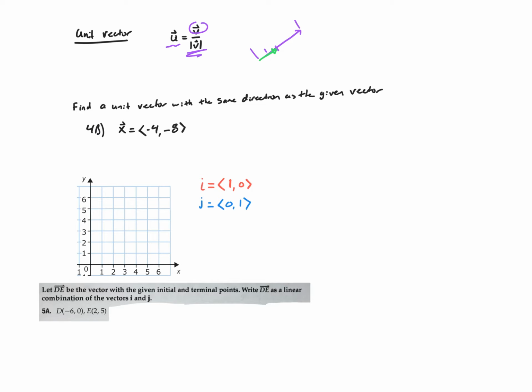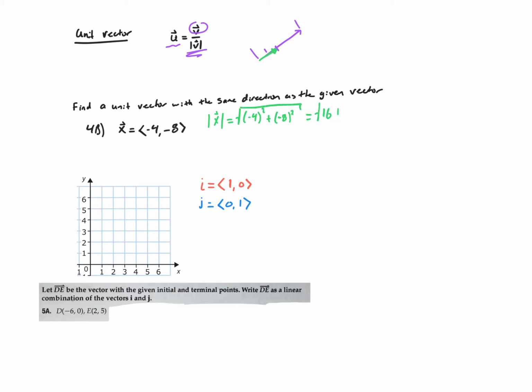And so in order to do that, we just need to find the magnitude of this vector. So let's find the magnitude of this x vector, which is just going to be the square root of the square of each of those. So negative 4 squared, because that's how far it moves left and right, plus negative 8 squared.